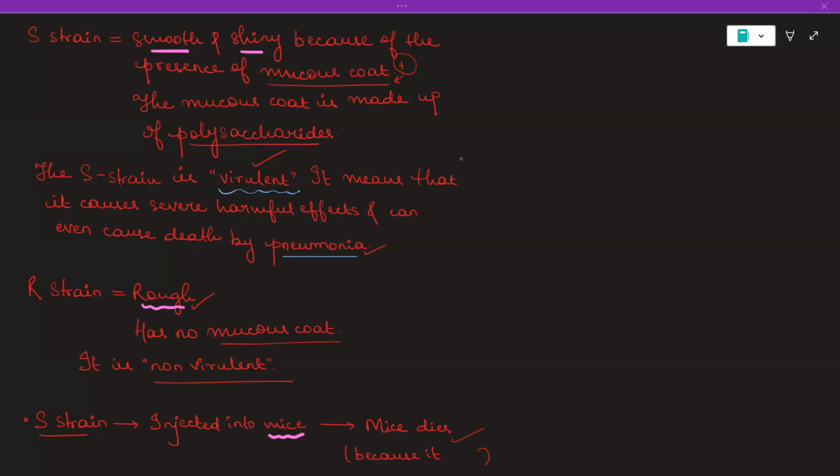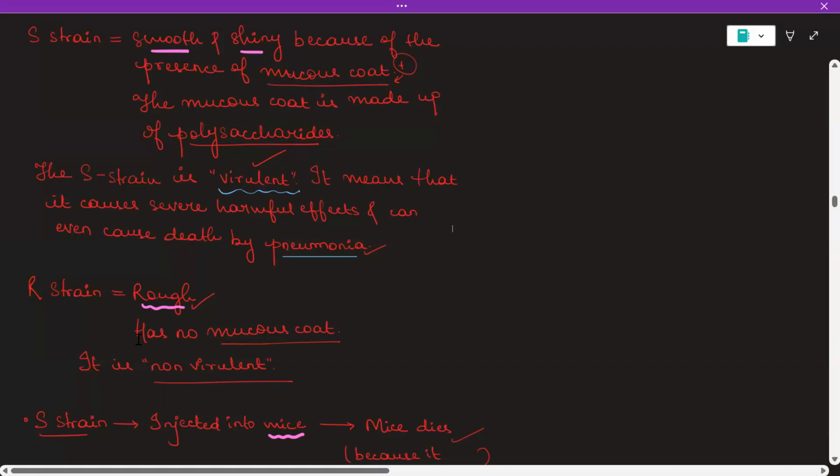Ma'am, is pneumonia the S strain? No. S strain is the type of bacteria that causes pneumonia. S strain is a virulent strain. Virulent means infective strain. So if the mice get this particular strain, that mice will get pneumonia and the mice will die.